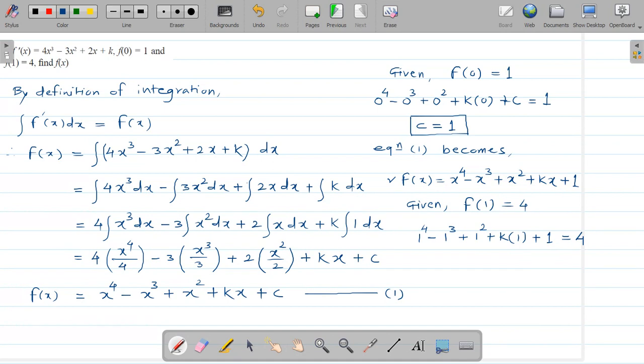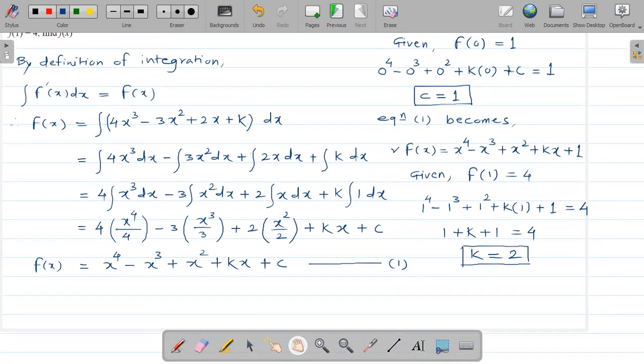Now what is the calculation? 1 raised to 4, 1 cube, all are 1 here. So 1 minus 1 is 0, plus 1 square, that is 1. So 1 plus k into 1 is k, plus 1 is equal to 4, and that implies the value of k is equal to 2 here. So see this calculation to get the value of k.